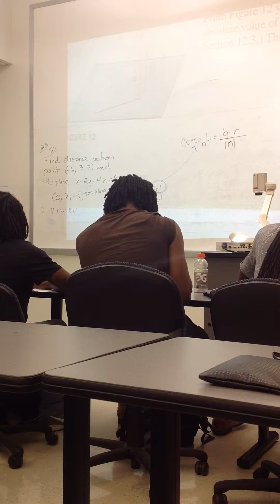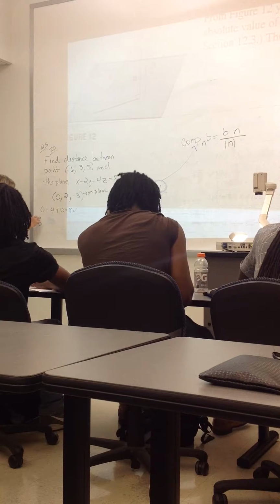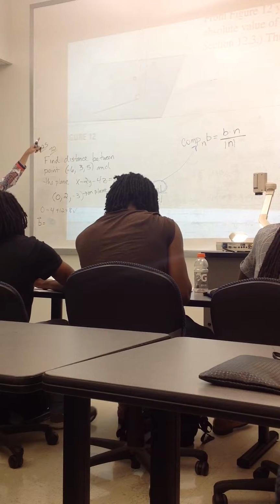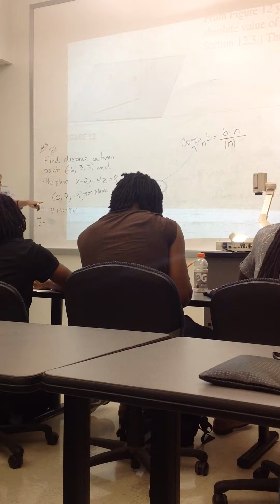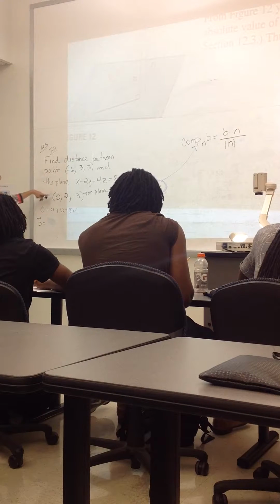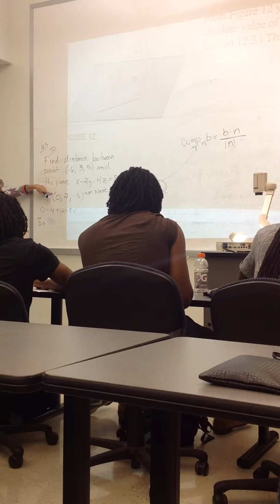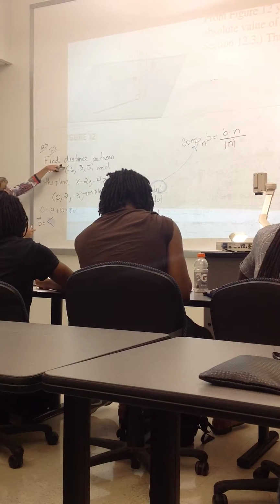So make a vector, vector B. The way they have it drawn, it goes from this point to the plane, so I'm going to follow that. Technically it would end up not mattering. I'm going from the point out in space to my plane.